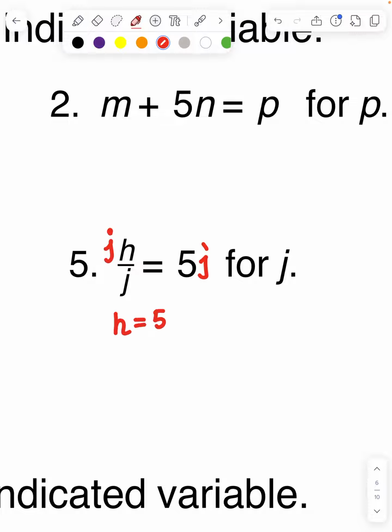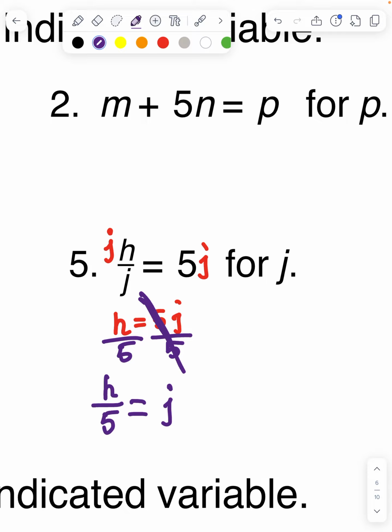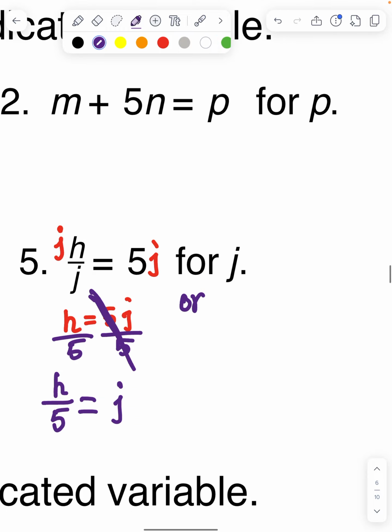We have H equal to 5J. Then we divide both sides by 5. 5 divided by 5, cancel out. H over 5, H divided by 5. So this is the final equation. Another way to solve it: H over J equal to 5.